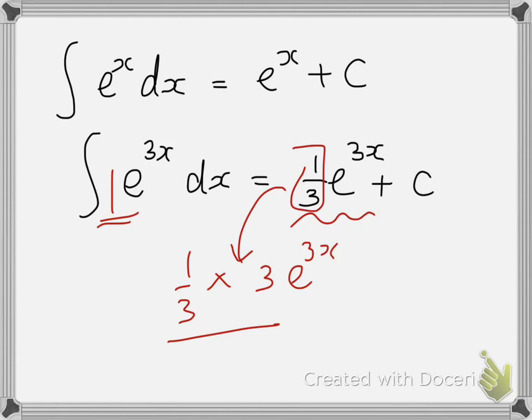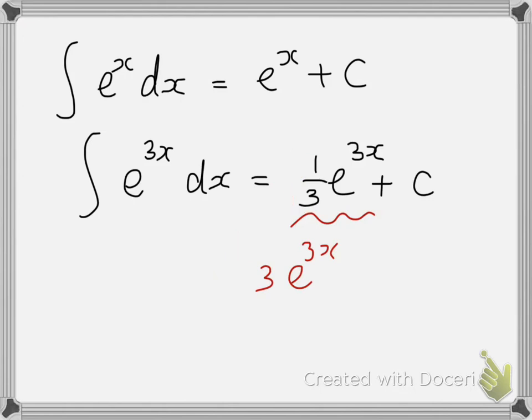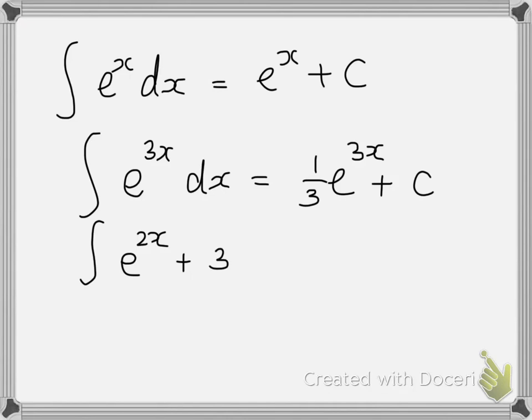So the answer becomes just this. Again, if it is just adding, so if you integrate, let's say, e to the power 2x plus 3e to the power 5x, for example, you just integrate individually.